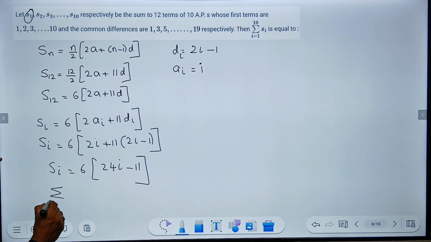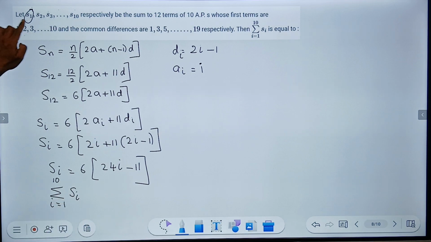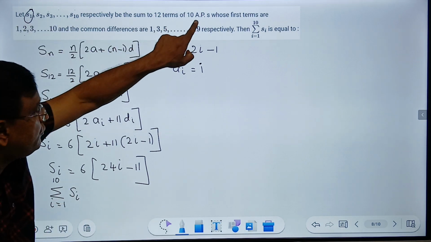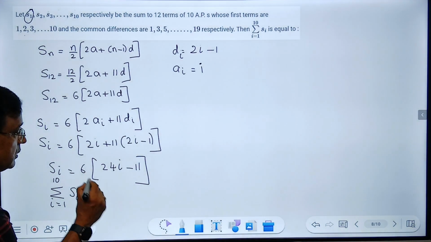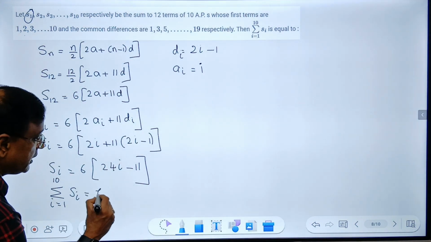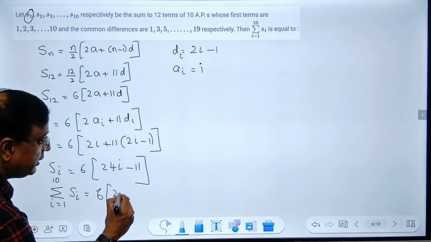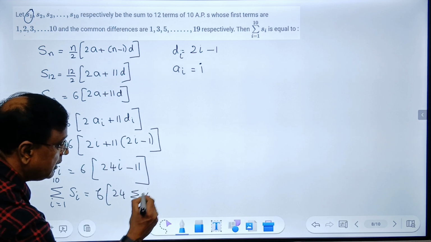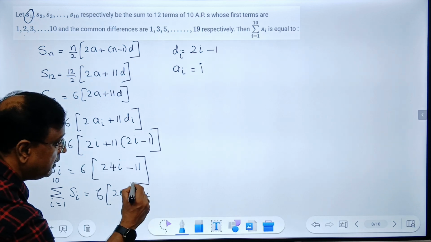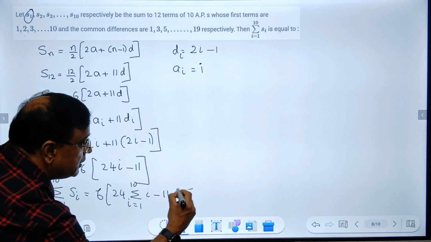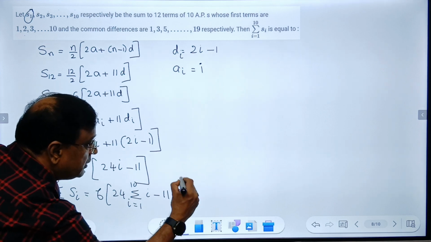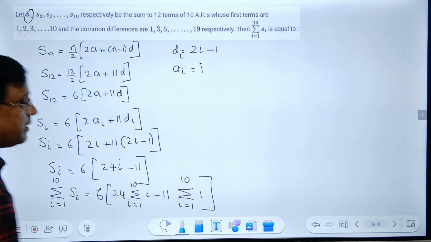Now I want to find the sum of 10 terms. So sigma i equal to 1 to 10. That will give me S1, S2 up to S10. That is what he's asking you to find. Equal to 6, you can keep it outside if you want, into 24 sigma i, i equal to 1 to 10, minus 11 into sigma, i equal to 1 to 10. You are adding 1.